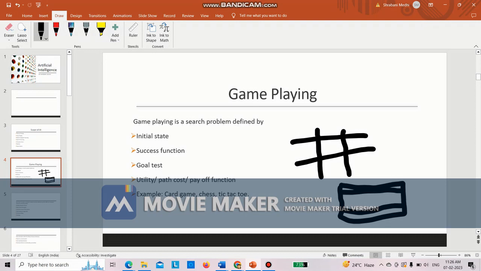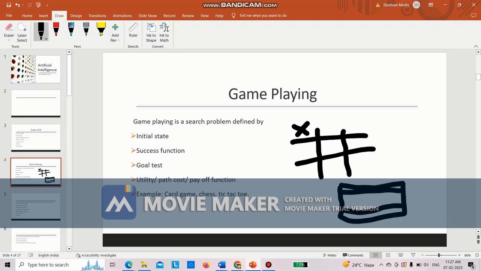Now, the second one is the success function. What are the successful steps that can be taken? So, in the game of tic-tac-toe, what are the success functions we can give? Suppose player 1 is playing, it can give a cross. Where can it give a cross? It can give a cross anywhere in the nine squares which are empty.